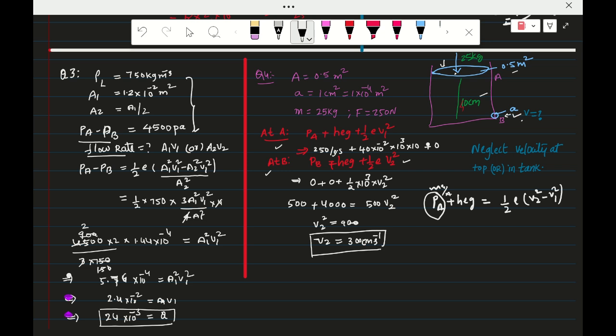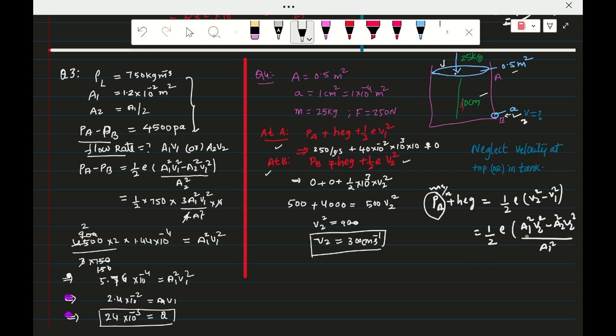I want to find out V2 here, at the second point. So V1 I will neglect, and it equals 1 by 2 into rho, A1 square V2 square minus A2 square V2 square by A1 square, because V1 is equal to A2 V2 by A1.